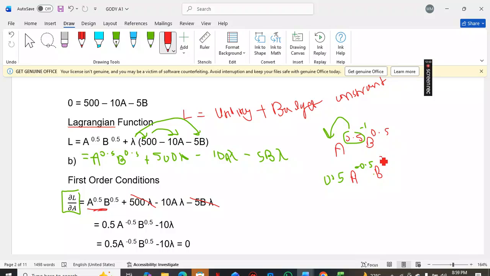Are we okay with this differentiation? When you derive a to the power 0.5, b to the power 0.5, this is what you get. Any questions?